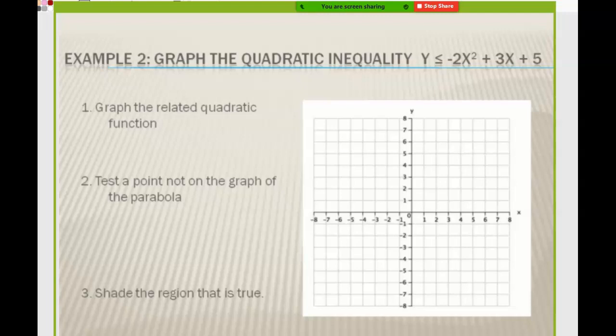Okay, so once again, now we have a quadratic that is open down. So same idea. We are going to find our vertex. Find our k value for our vertex.